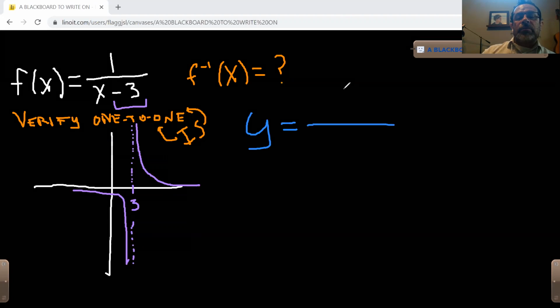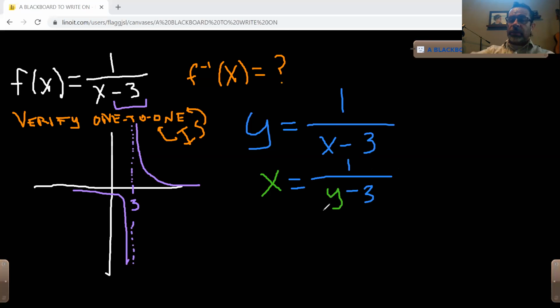So y equals 1 divided by x minus 3. And so we are going to substitute y's for x's and x's for y's. So that means that we're going to have x equals 1 divided by y minus 3.